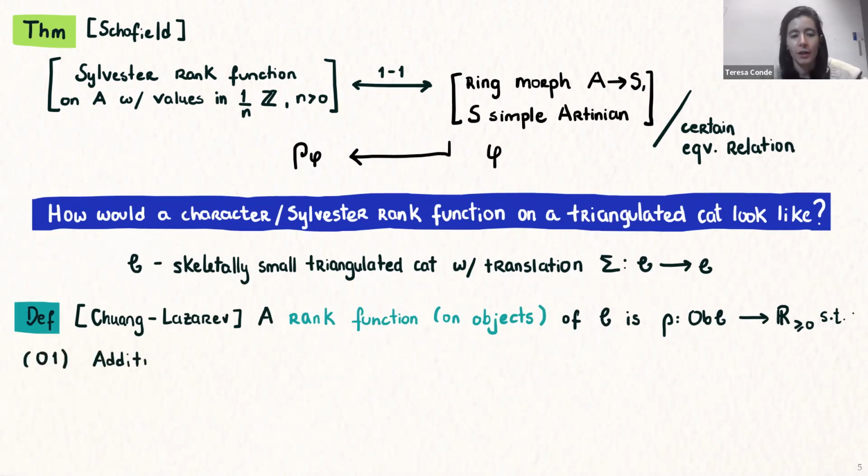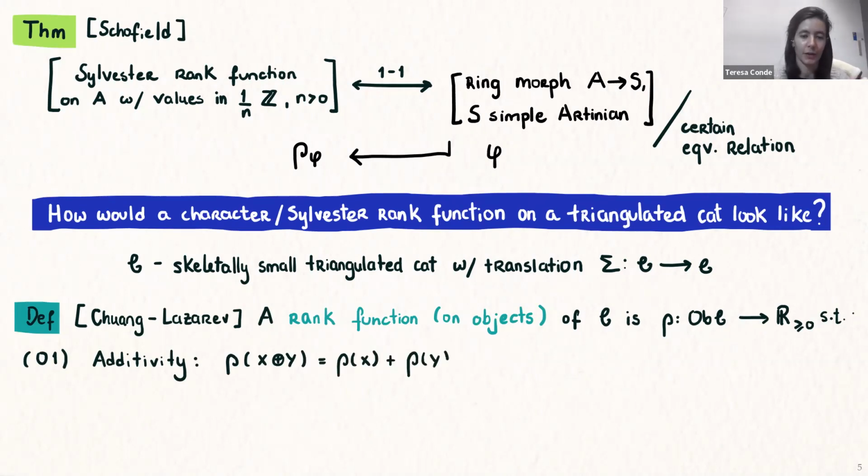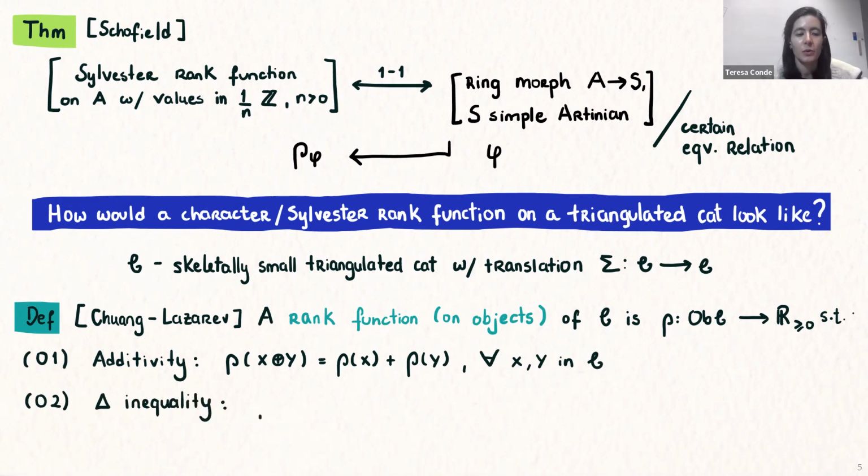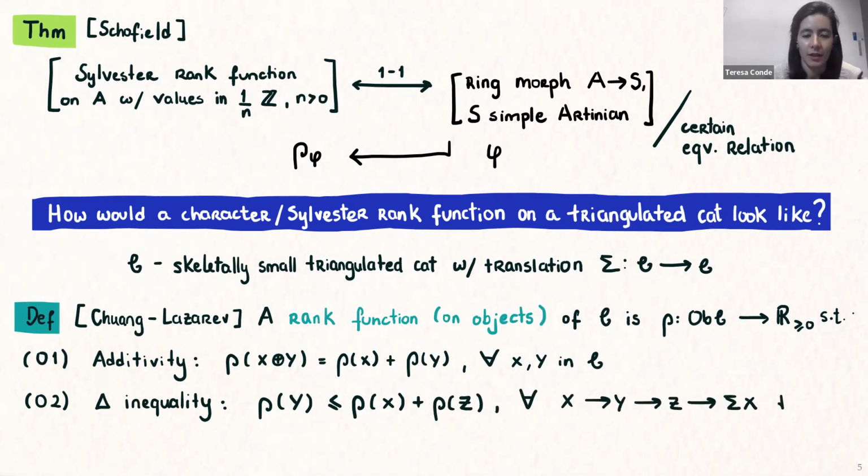As before, we want that rho is additive, so it preserves, in a way, direct sums of objects. And as before, we also want our function rho to satisfy some sort of triangle inequality, which in this case is translated into this inequality over here whenever we have a distinguished triangle of this type.